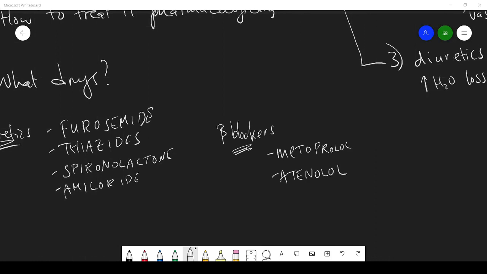Amongst the beta blockers, these are not used so much for various reasons in the primary treatment of hypertension, but can be used when the others don't work. Metoprolol and atenolol are the most well-used ones.